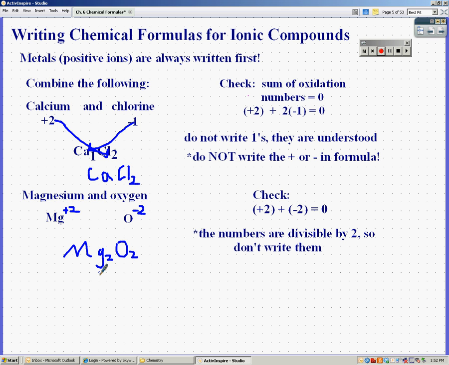But when you deal with ionic compounds, another thing you have to remember is that your subscripts must always be in the lowest whole number ratio. So 2 and 2 is the same thing as 1 and 1. So we reduce it down to just MgO. Okay, that's what this says right here.